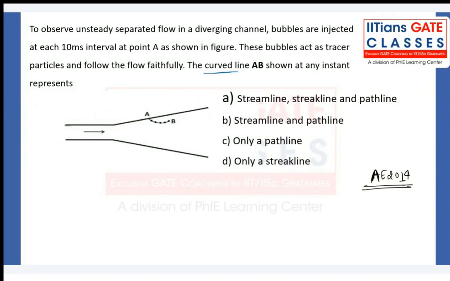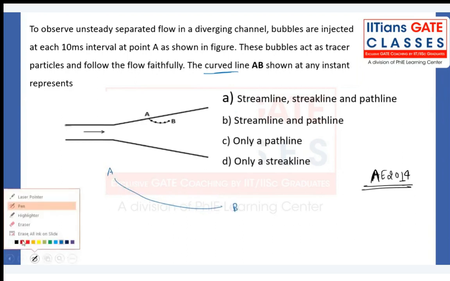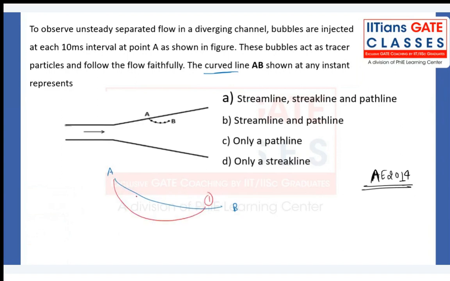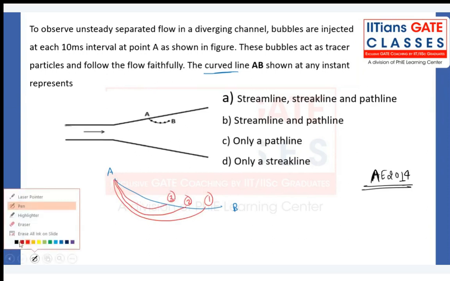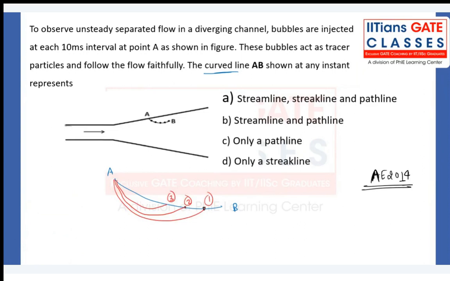So when you take the curved path from A to B, the individual particle may have traveled like this. Particle 1 is here, particle 2 is here, particle 3 might be here. But the blue line which I have drawn connects all the fluid particles at some time t equal to t seconds.